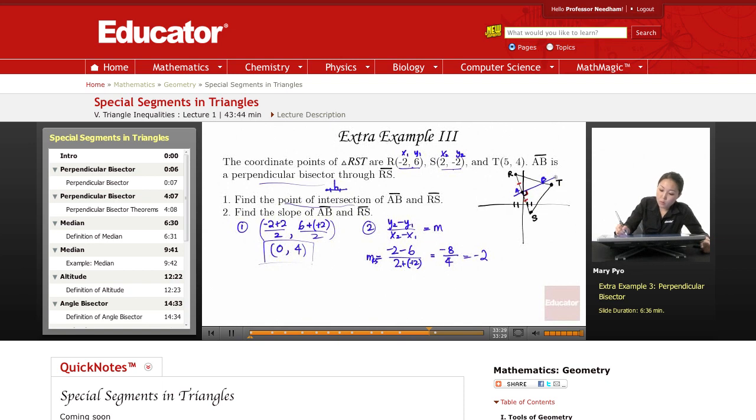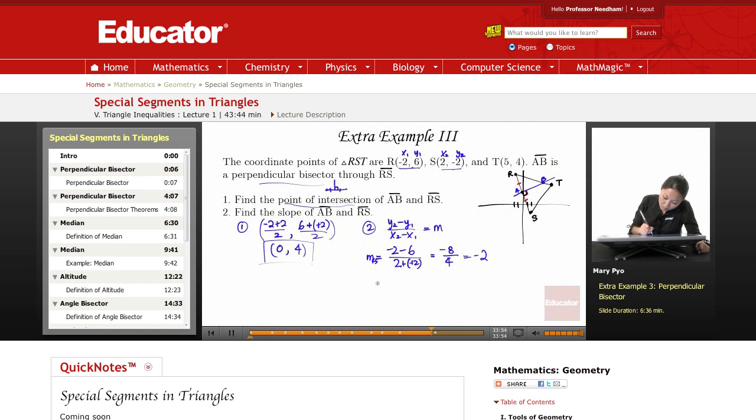Now I have to also find the slope of AB. I don't know the point for B, but I don't have to know. Because if you have two lines, and they're perpendicular to each other, then remember the slopes are negative reciprocals of each other, right? So now that I know the slope of RS, to find the slope of AB, it's just the negative reciprocal of it.